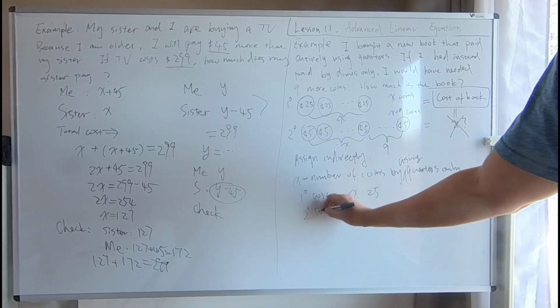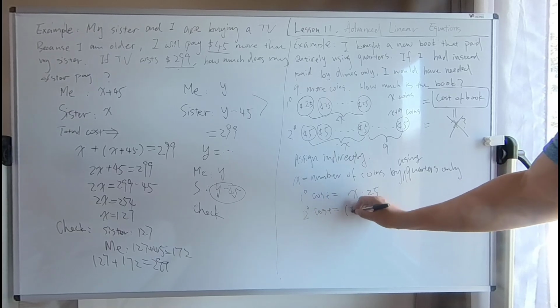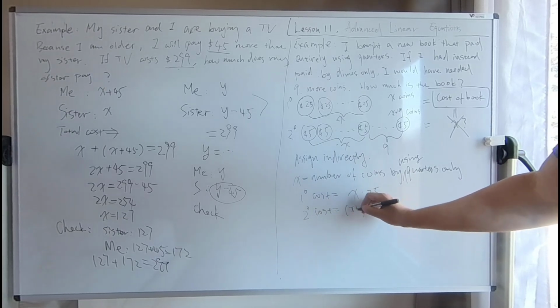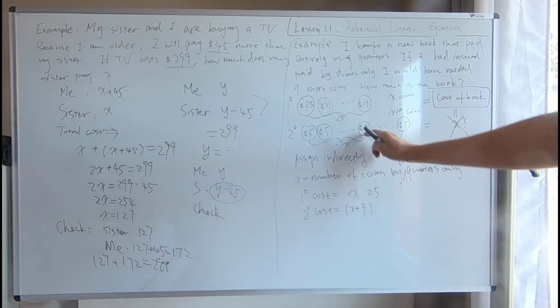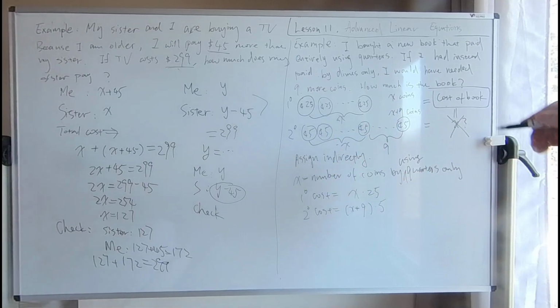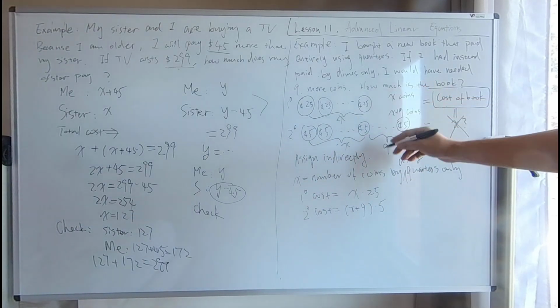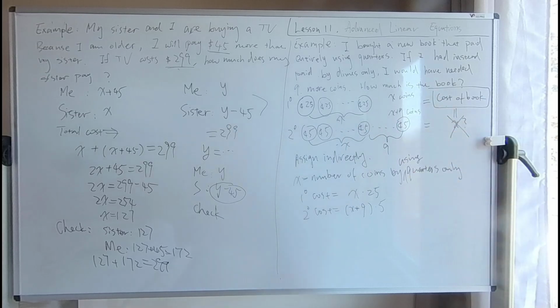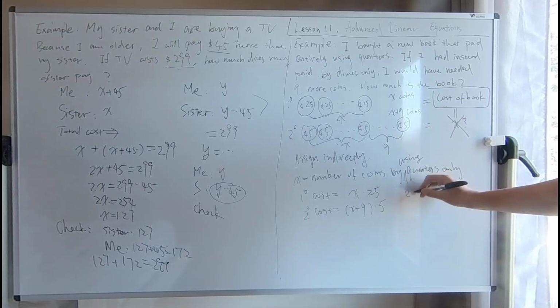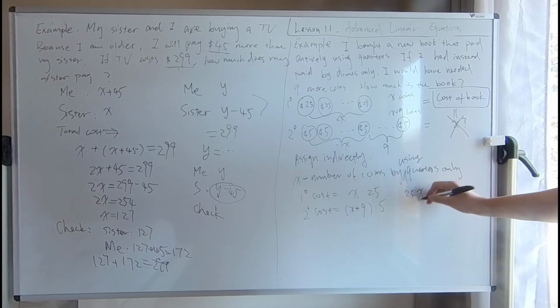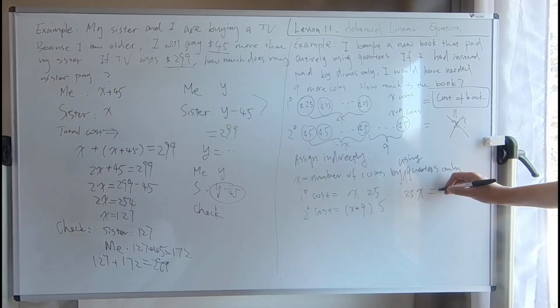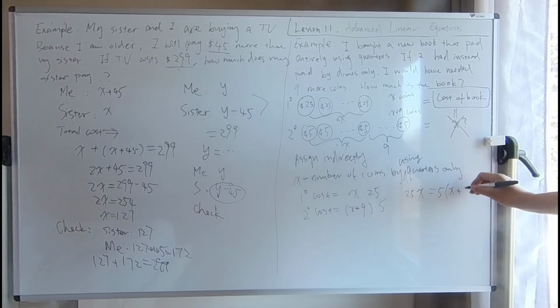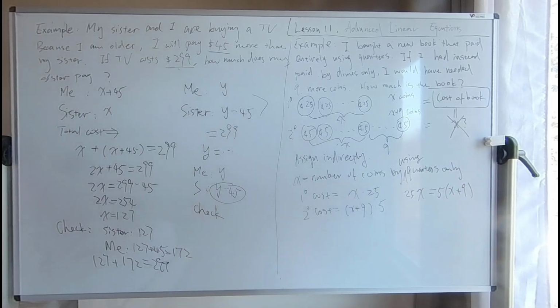In the second option, I have x plus 9 coins, each coin values 5 cents. And using either option, they should both equal the cost of the book. Which means 25x is equivalent to 5 times x plus 9. Now this is how I convert this into an equation.